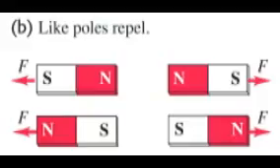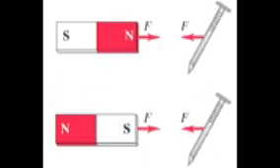Opposite poles attract each other, and like poles repel each other. An object that contains iron but is not itself magnetized, that is, it shows no tendency to point north or south, is attracted by either pole of the permanent magnet. This is the attraction that acts between the magnet and the unmagnetized steel door of a refrigerator.